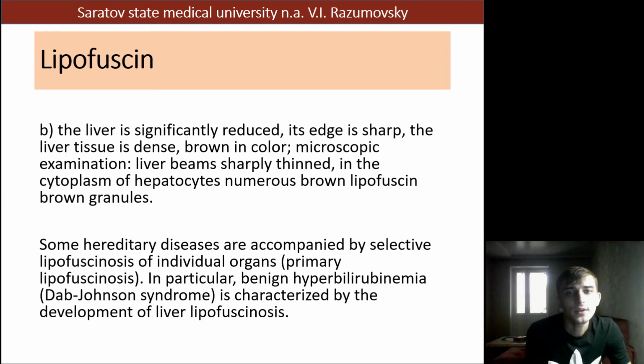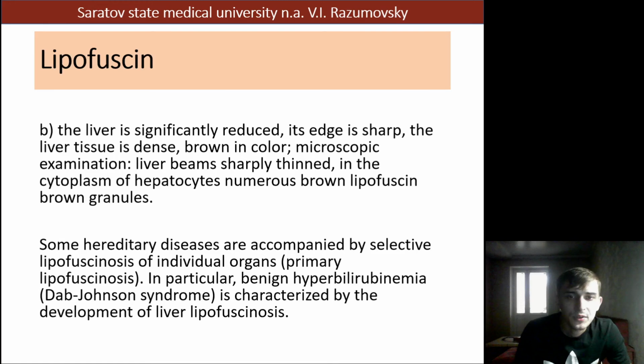The liver is significantly reduced, its edge is sharp, the liver tissue is dense and brown in color. Microscopical examination shows sharply tinged liver beams. In the cytoplasm of hepatocytes, we may find numerous brown lipofuscin granules.